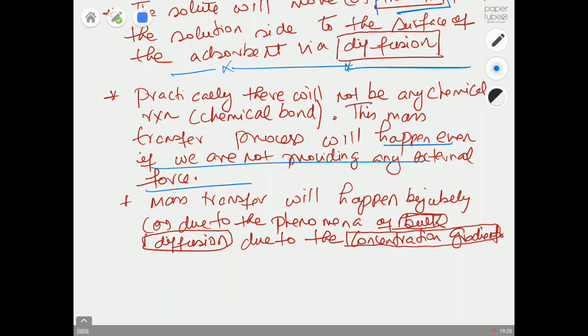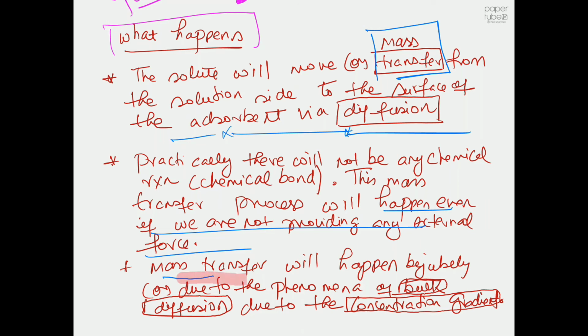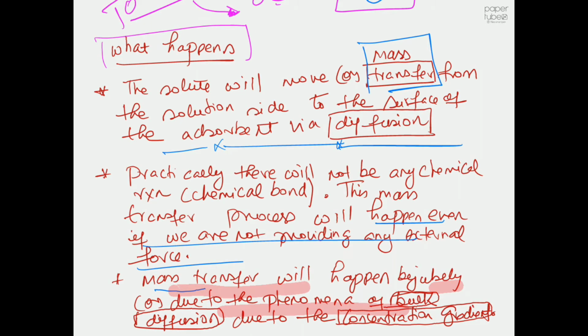This mass transfer process will happen due to a phenomenon called bulk diffusion. I said there is a concentration gradient, and the solute moves from one side of your material to the other, which is diffusion. To be precise, in chemical engineering we call this process bulk diffusion.